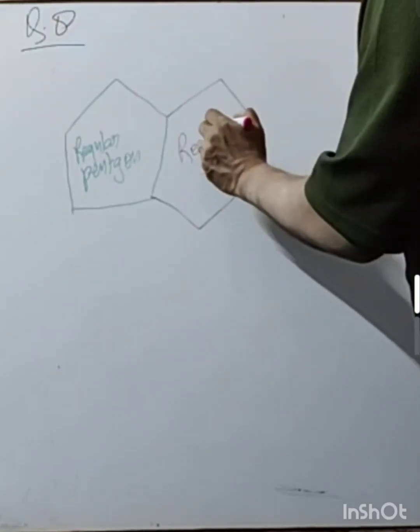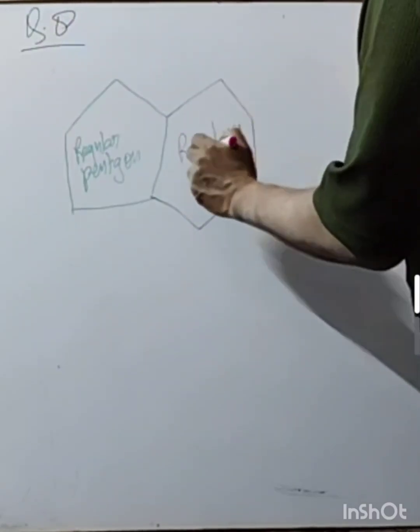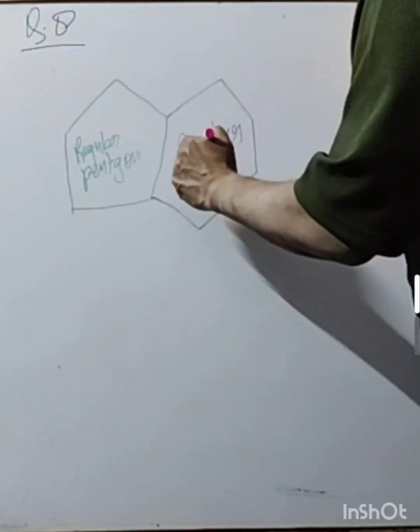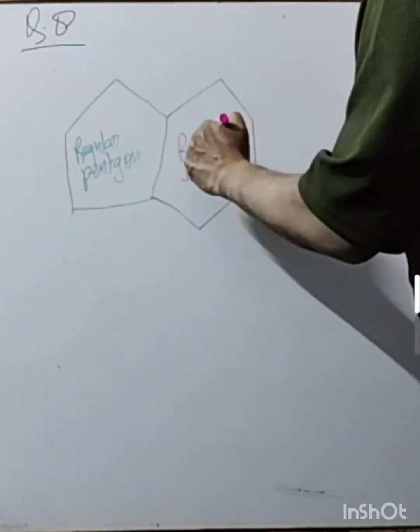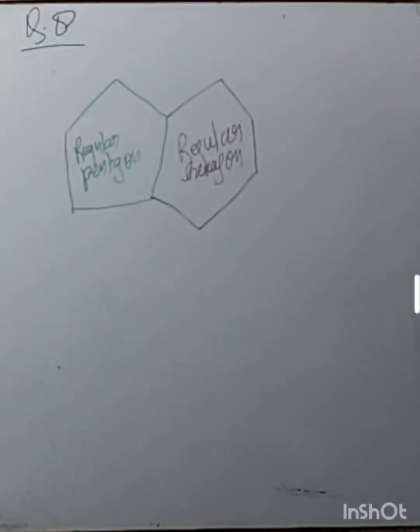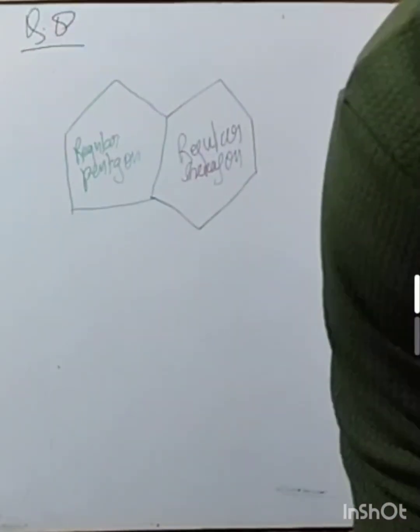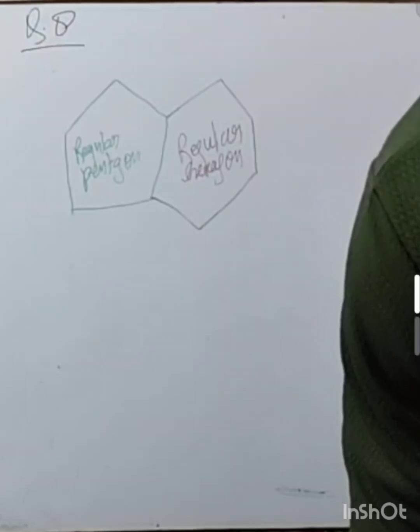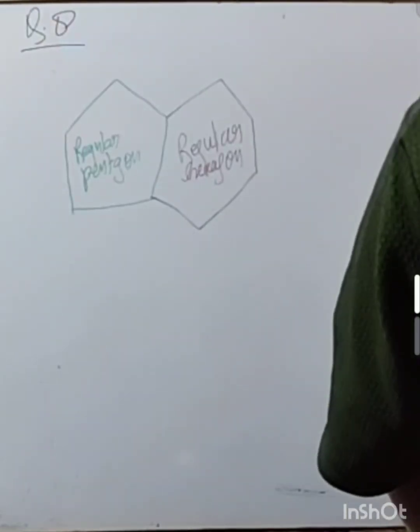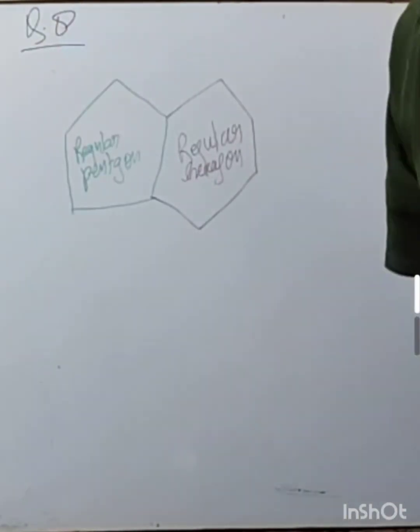Right? Regular hexagon. Is the diagram correct?